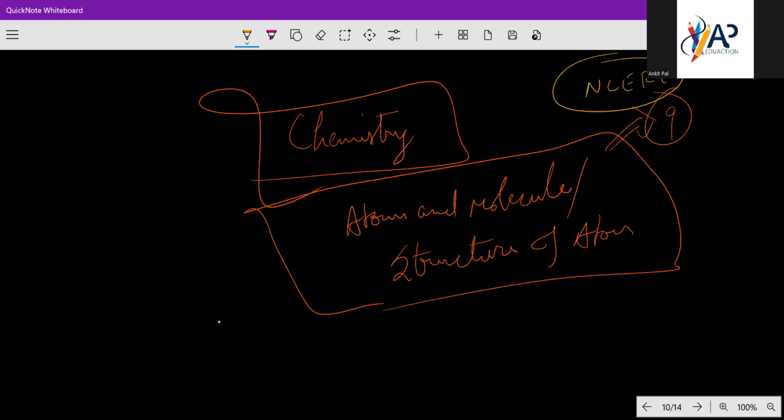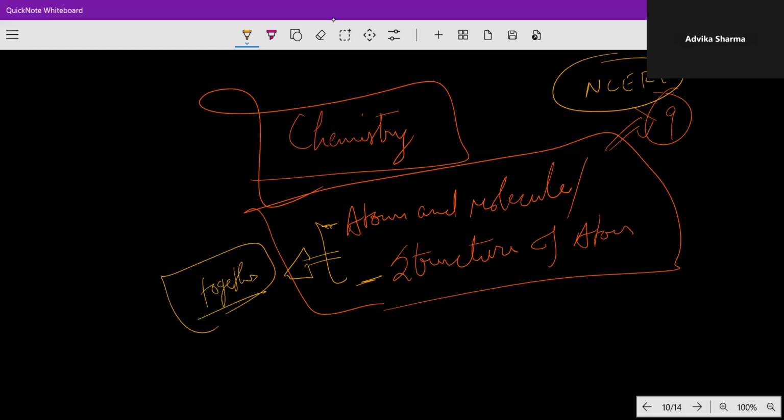These are two different chapters, but whenever we study these two chapters together, in structure of atom, basically you're going to be looking at how atoms are drawn.